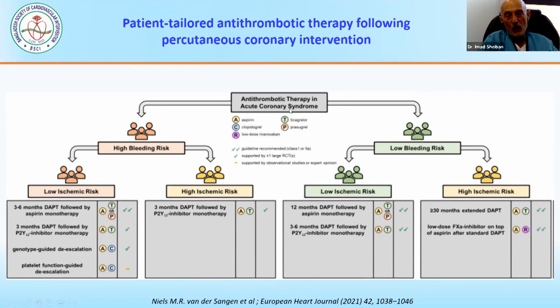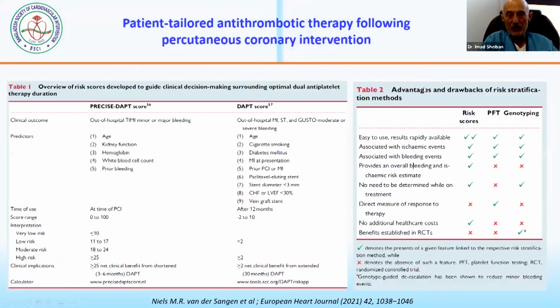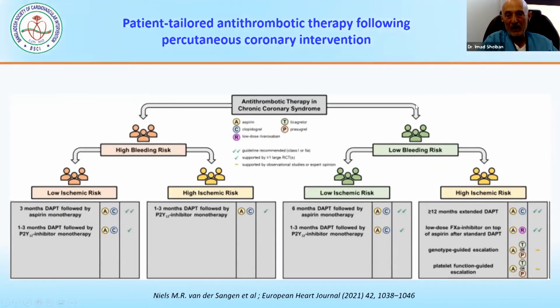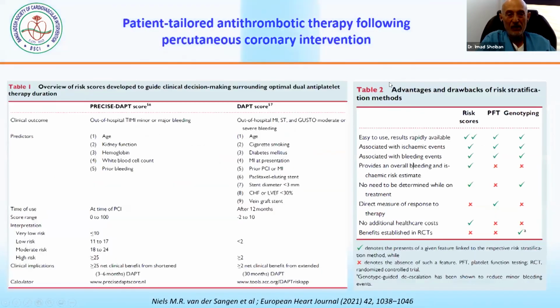This is in acute coronary syndromes, as well as in chronic coronary syndromes; the same result will be obtained. The only difference is that in acute coronary syndromes, if the bleeding risk is low, then the duration of DAPT should be extended to 12 months.